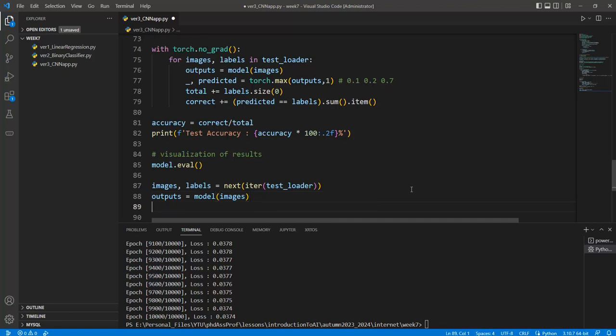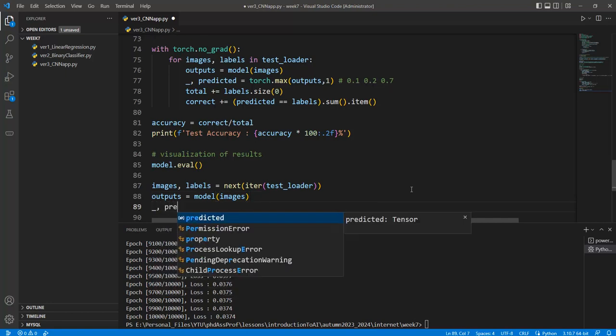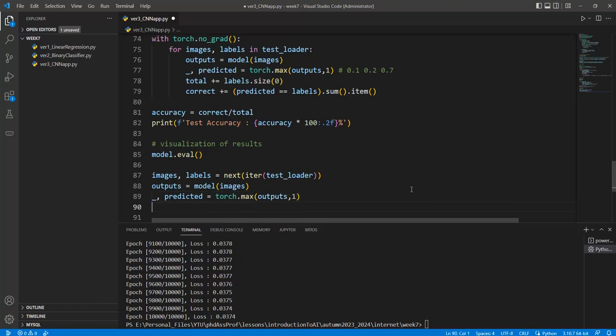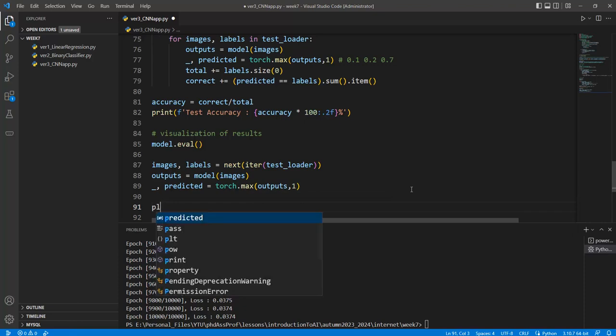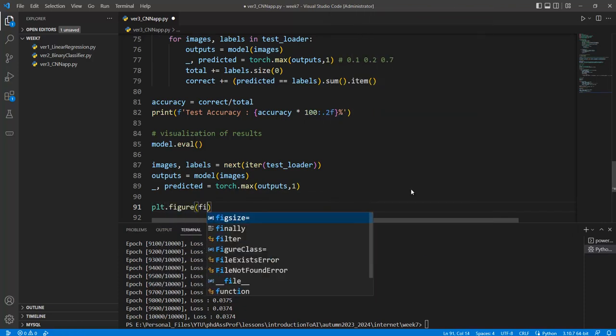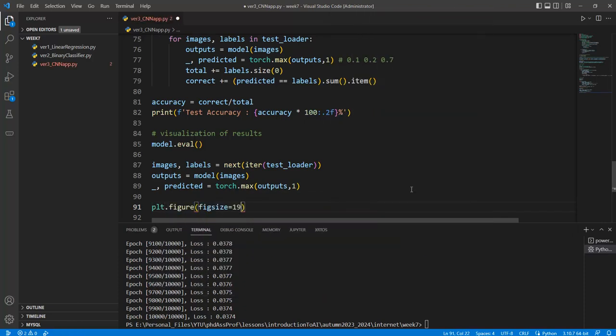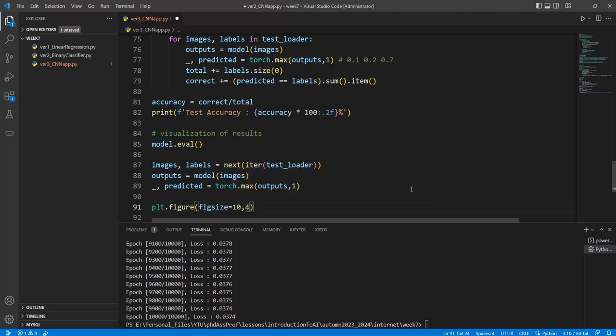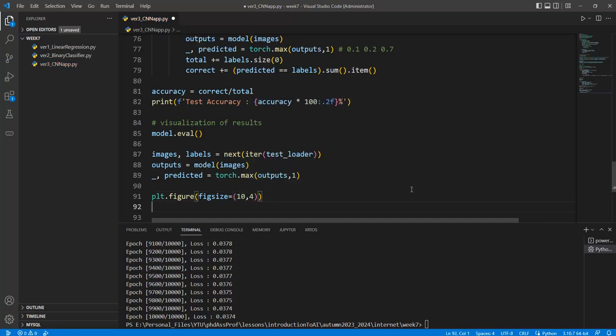Okay, after that we should give the predicted value like this one: torch.max with the outputs and 1. After that we can create the figure, with figsize 10 horizontally and 4, right? A tuple must be given.